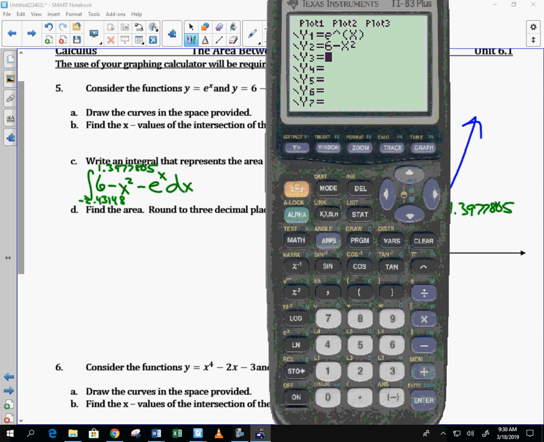Yeah, so I go vars, y vars, y, number 2 minus vars y1. There we go. And so that creates our third function, which is y2 minus y1.